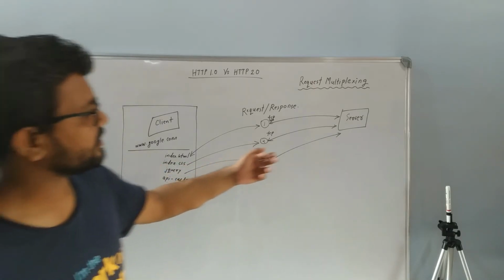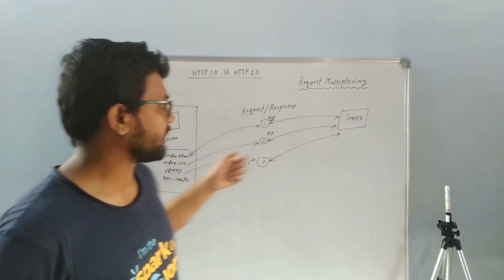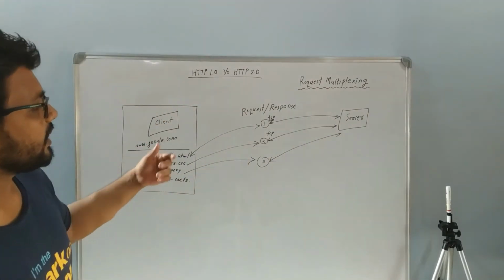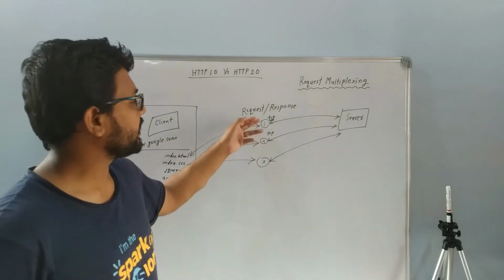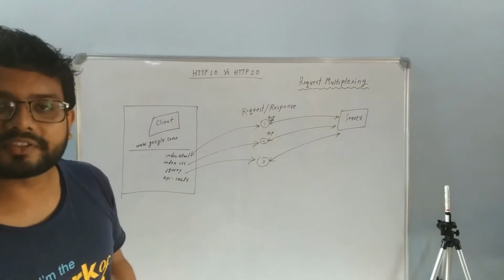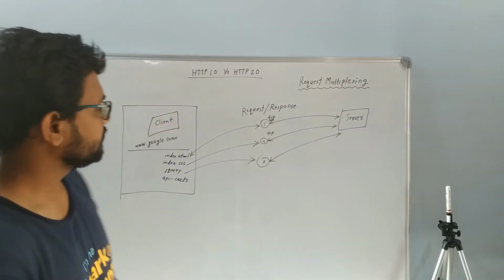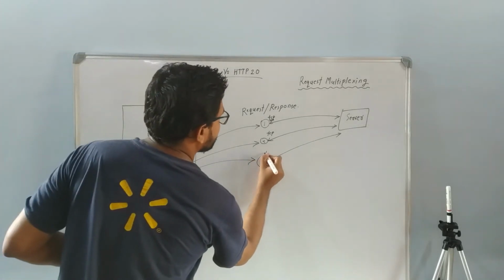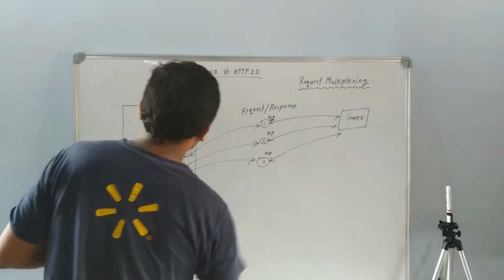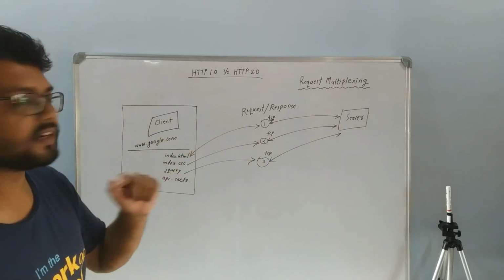If the server is busy with something else, it will take its own time to respond back. On top of this, there is the overhead of the number of TCP connections. So the more TCP connections, the more overhead on the server. This is the third TCP connection. So for 3 resources, the client and server have to establish 3 TCP connections.